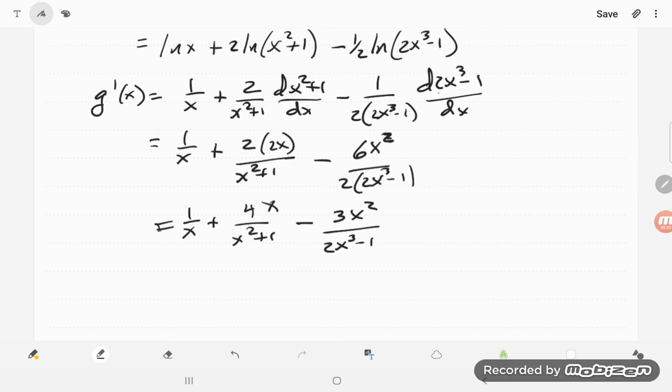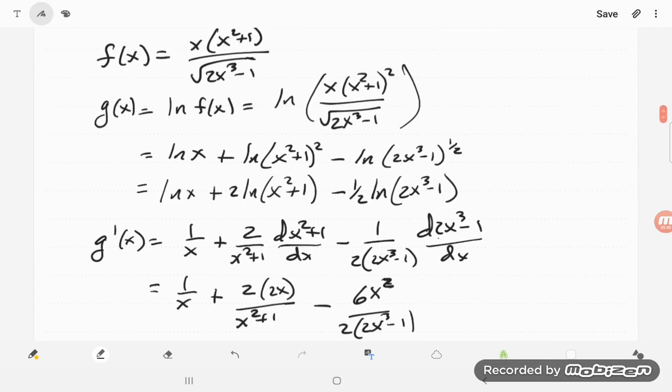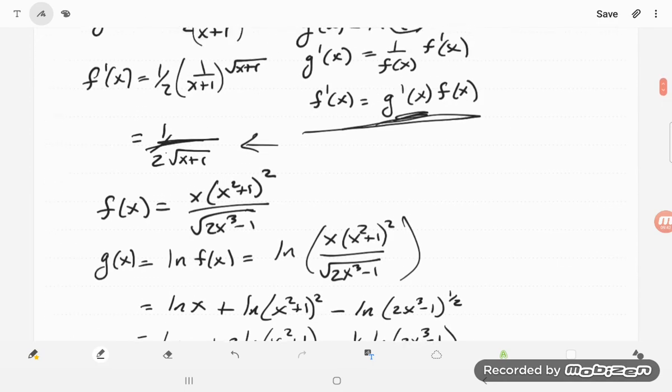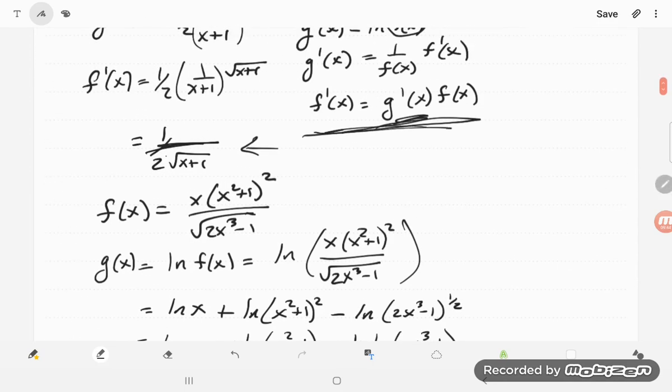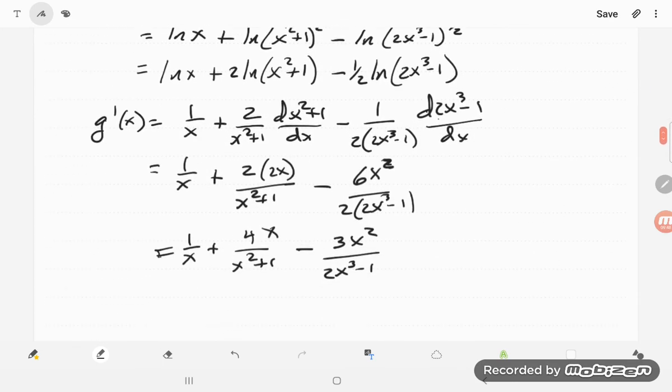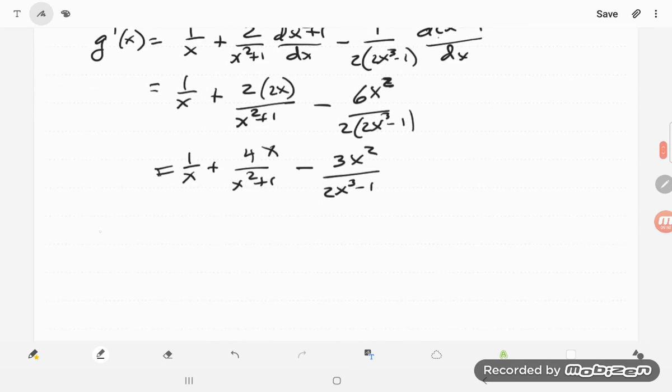So that's g prime. But now, to get the derivative of f, remember, we just have this relationship: f prime is g prime times f.